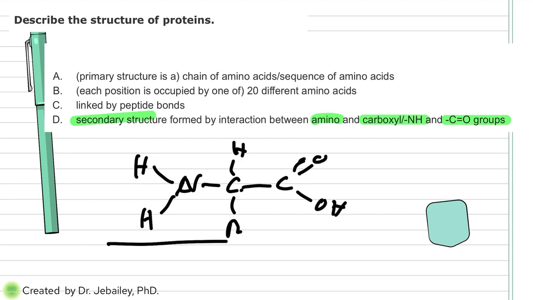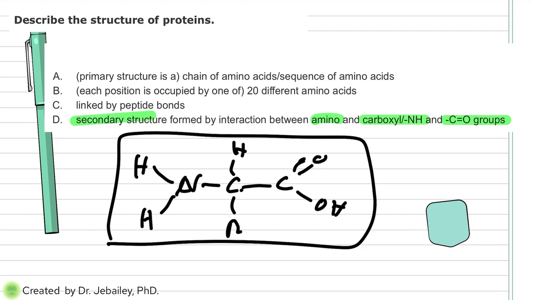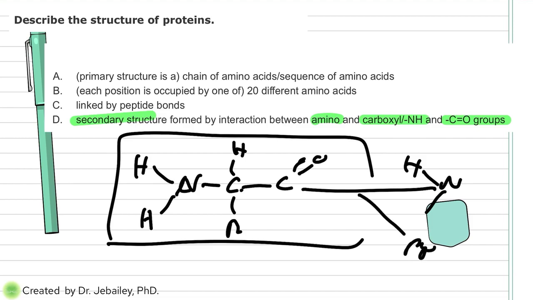If you want to combine this amino acid to another one, another amino acid comes in, and the OH and the H will leave, and there would be a connection between the nitrogen and the carbon of the other group. This is the peptide bond, basically between the NH and the CO. We're talking about these 2 areas, where the connection will happen between 2 amino acids.